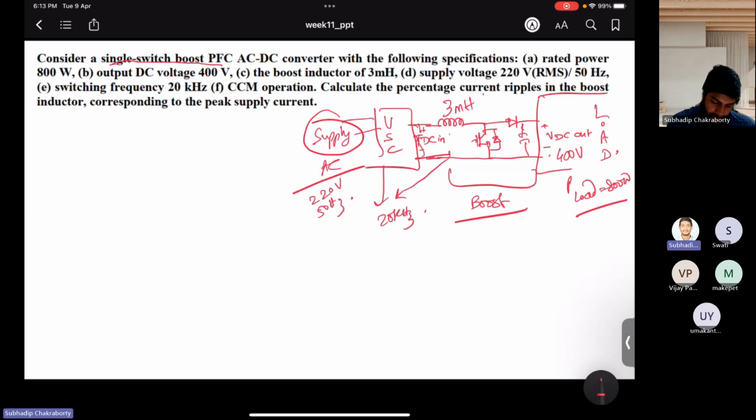For CCM operation, we are talking continuous current conduction mode of the inductor currents. Now calculate the percentage current ripple in the boost inductor corresponding to peak supply current. So it is asking you to calculate the maximum ripple in the boost inductor. So how will you find it?